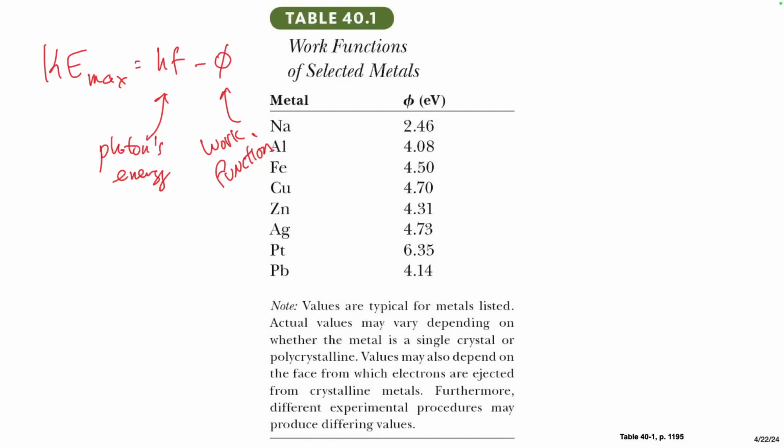And this funny unit is called the electron volt. It's a really unfortunate name because it has the word volt in it, which brings us back to electric potential that we studied before. The electron volt is not a unit of potential. It's a unit of energy. So like a joule, it's energy, but it's not a joule.